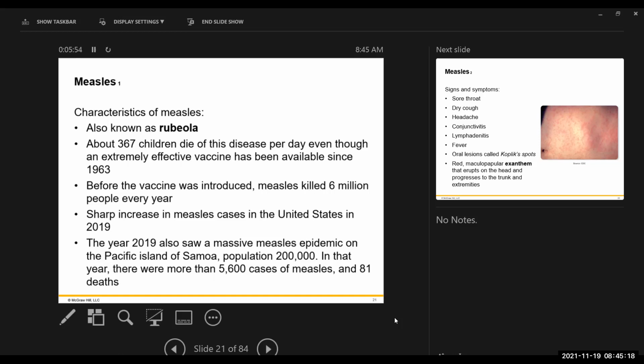These are called Koplik spots. Red raised bumps with white centers. They're in the oral mucosa.